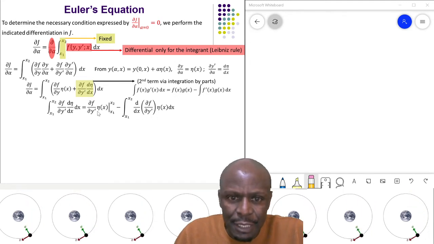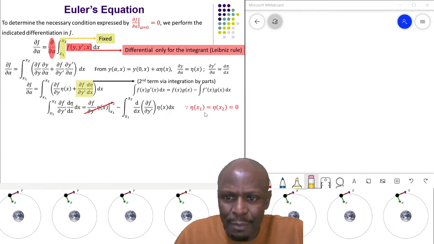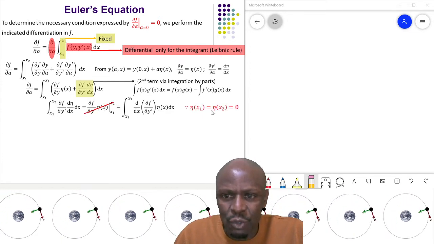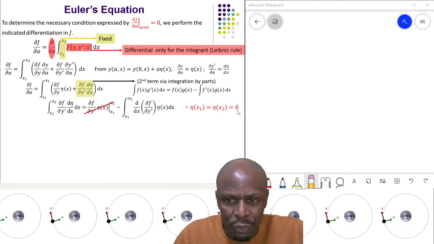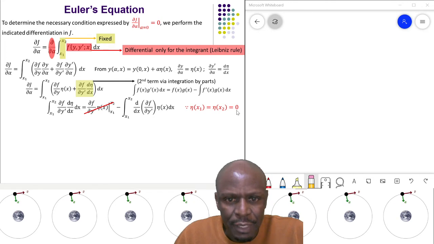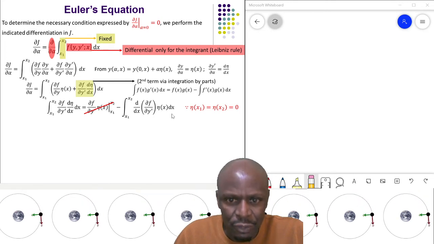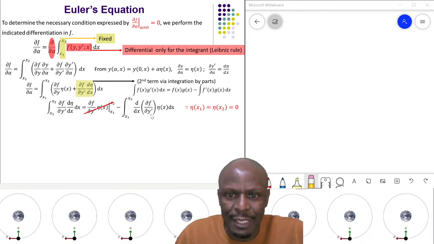But I want you to see that this term will vanish, because at the endpoints, eta of x1 is equal to eta of x2, and they are just equal to 0, because there's no variation there. So the only term that we are going to be left with is this one here.